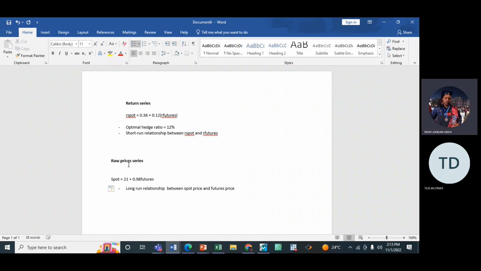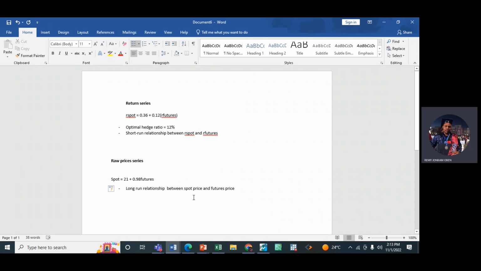You need to know the difference. If you are using the return series, that beta coefficient shows you the optimal hedge ratio and the short run relationship between the returns of the spot series and the returns of the futures series. But if you are using raw prices, then that beta coefficient shows you the long run relationship between spot price and futures price.